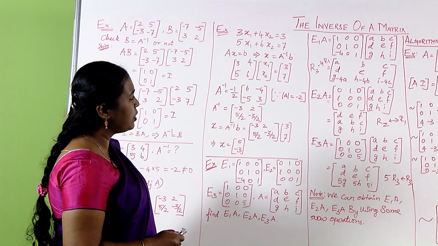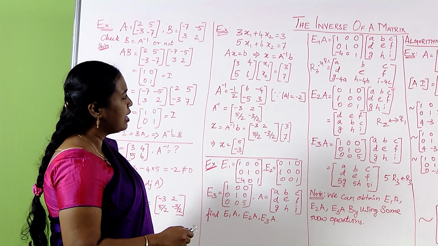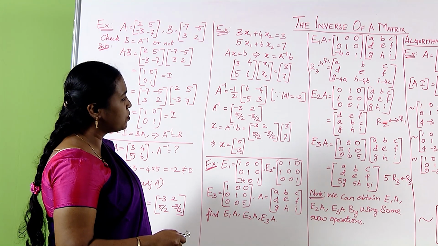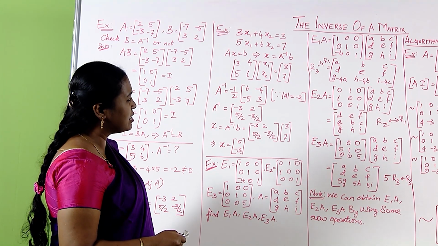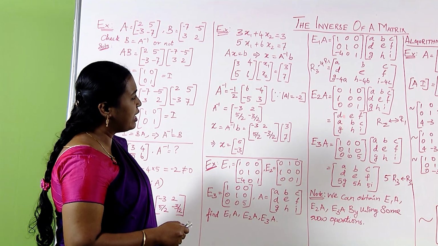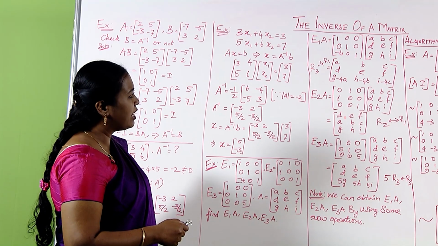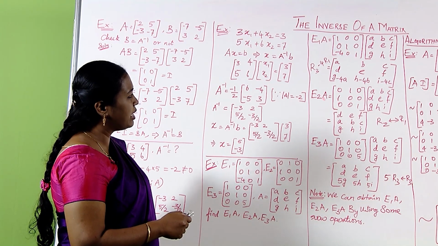Similarly, for E2A, 0 1 0, 1 0 0, 0 0 1, I am multiplying these 2 matrices, and I am arriving at this answer. Clearly, I got this from A by merely interchanging these 2 rows. So, if you interchange these 2 rows, I arrive at this matrix which is my E2A.